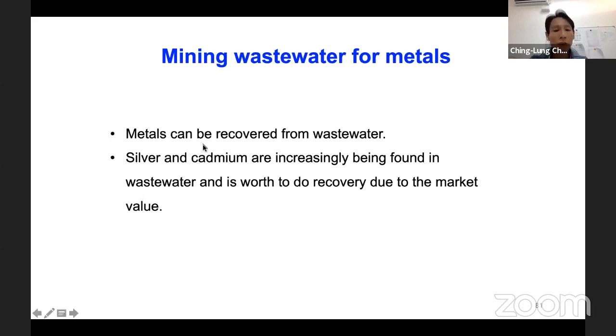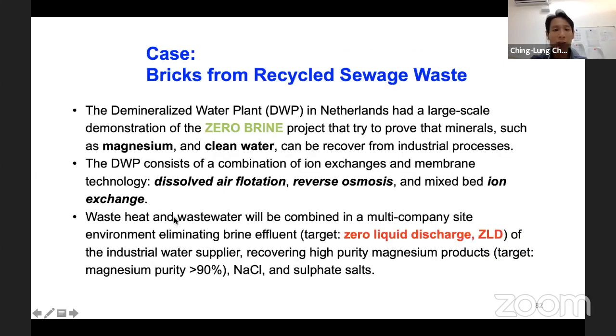Okay, so this means we recover not just the water, we also recover the metal. For example, silver and cadmium are increasingly being found in wastewater, and it's worth doing the recovery due to the market value. And this is the case on the brick from recycled sewage.